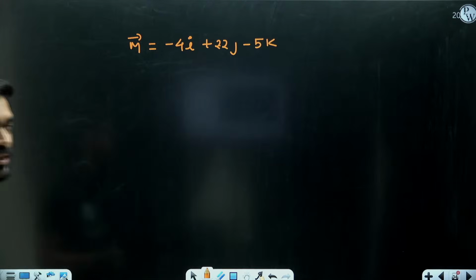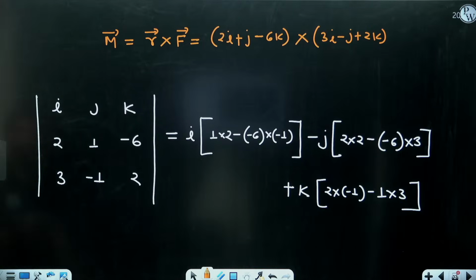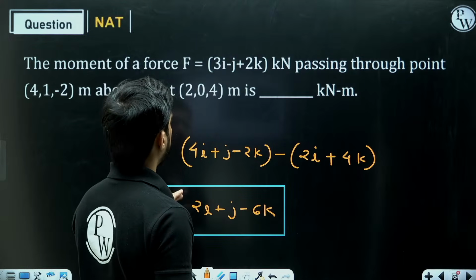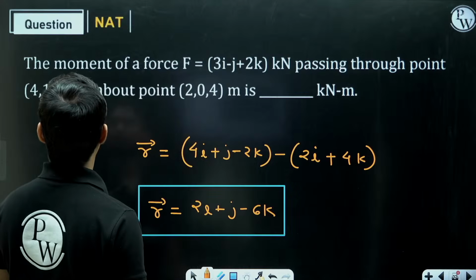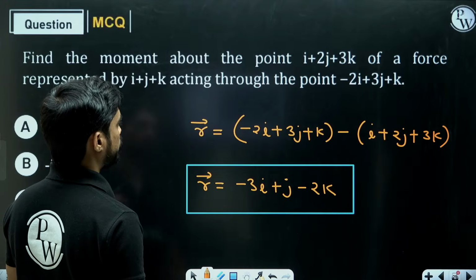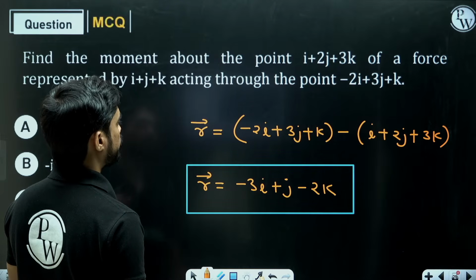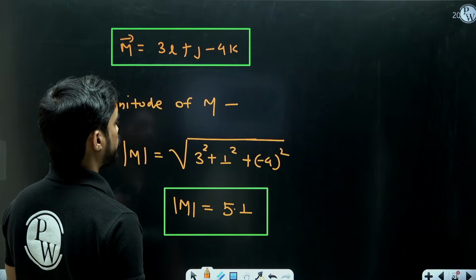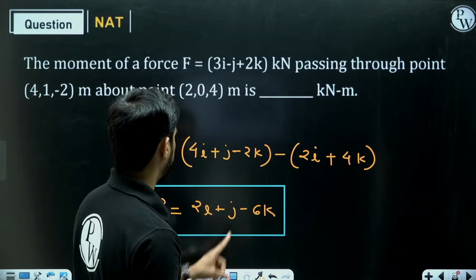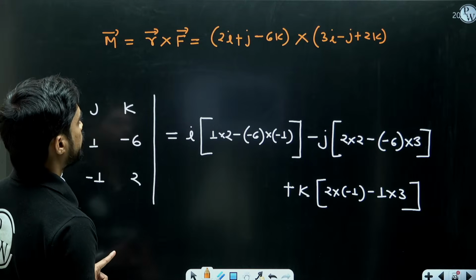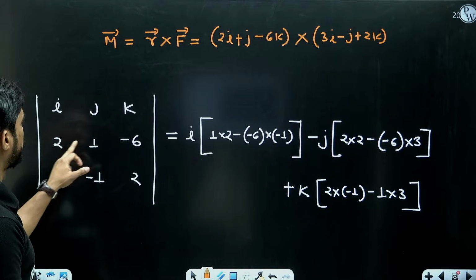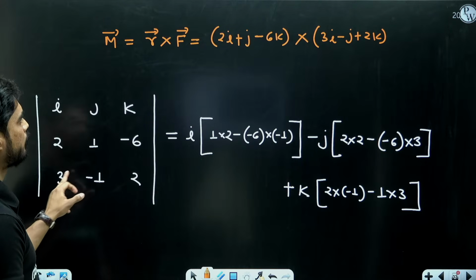Are you getting this much? Or have I made a mistake? 2i plus j minus 6k, 3i minus j plus 2k, 2 1 minus 6, 3 minus 1 2.